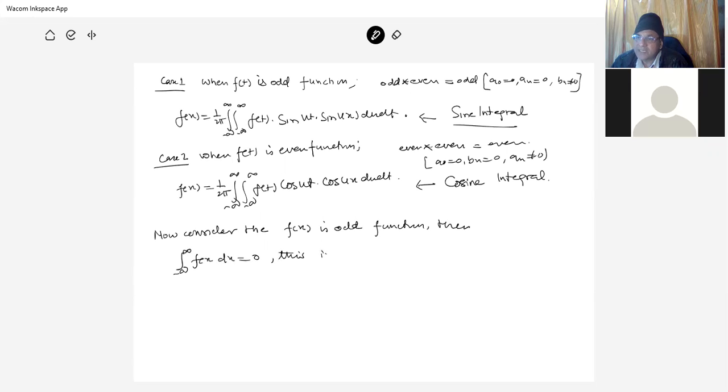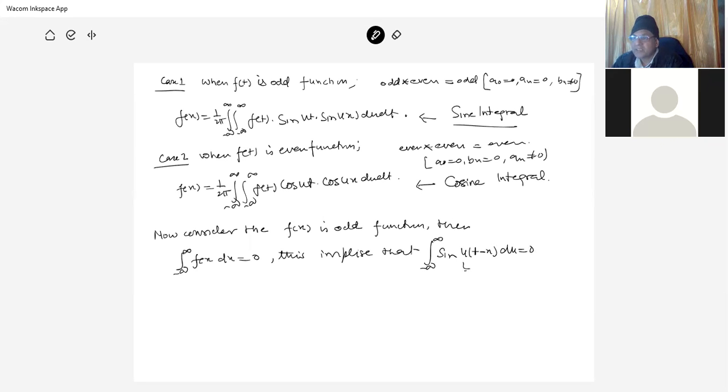This implies that the integral from minus infinity to plus infinity of sin u(t minus x) du is equal to 0.